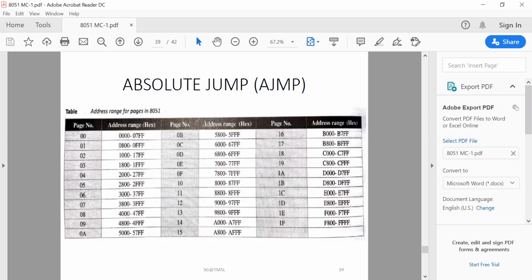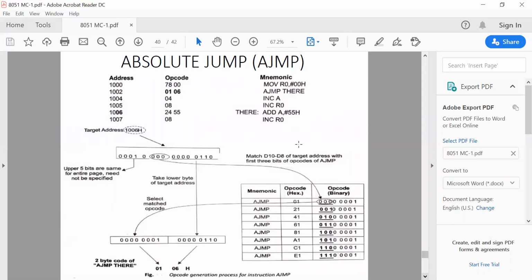Here we have given an example: MOV R0, #00, then AJMP THERE, then INC A, INC R0, ADD A, and AJMP THERE again.